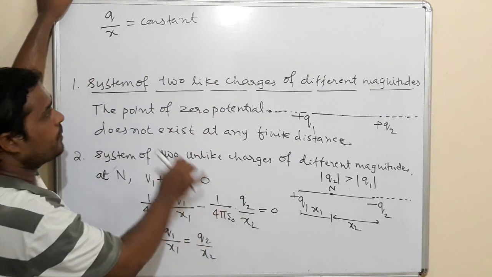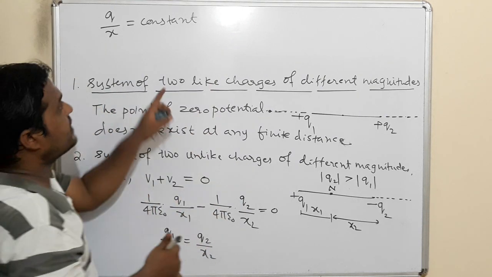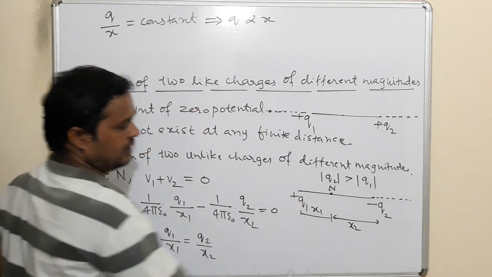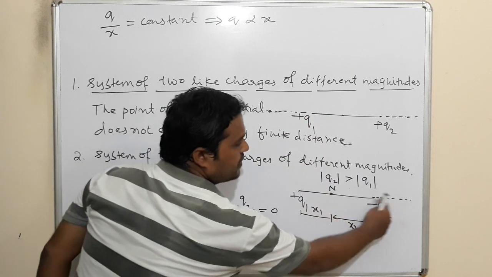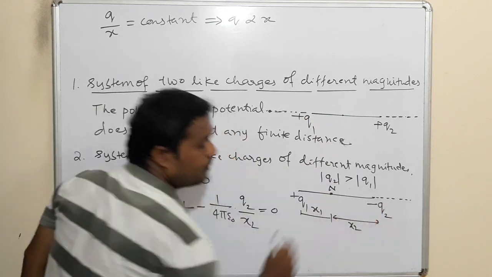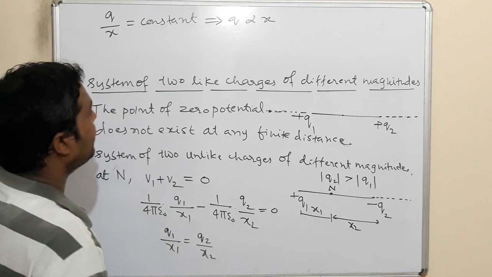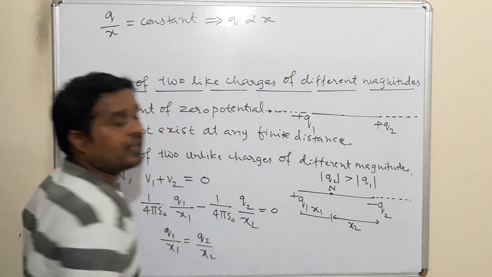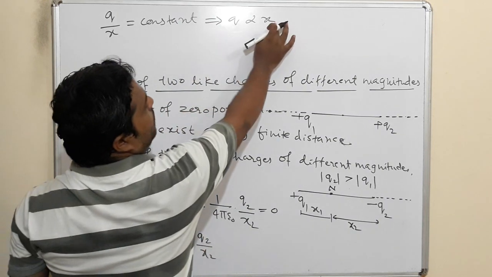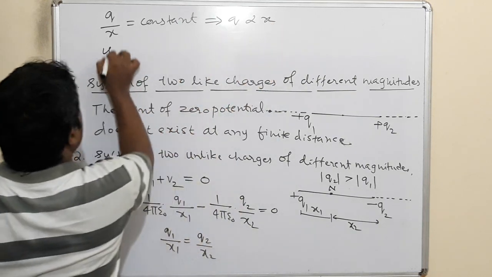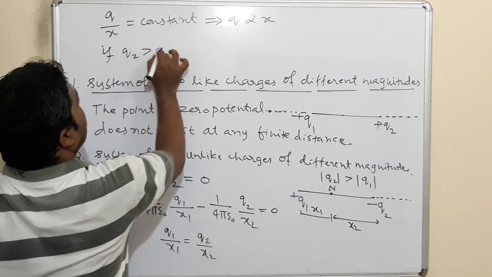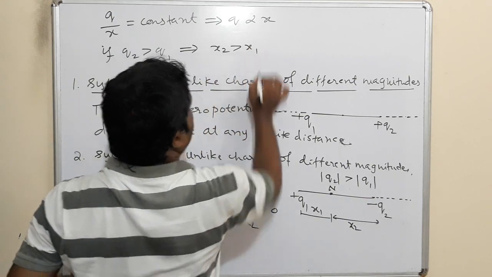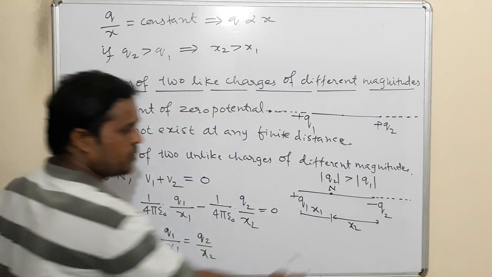The charge by distance ratio will be the same, which means Q is directly proportional to x. If the magnitude of the charge is more, then the distance should be more. If Q2 is more than Q1, then x2 should be more than x1.